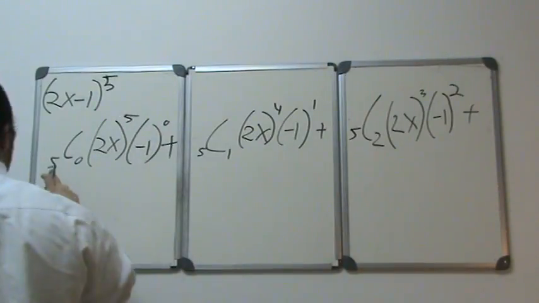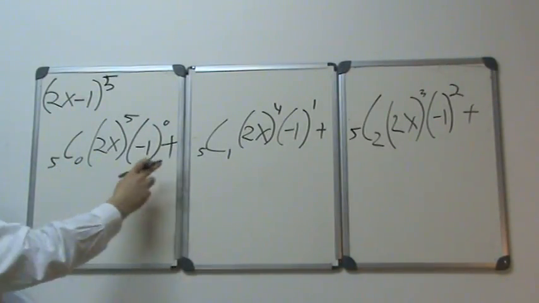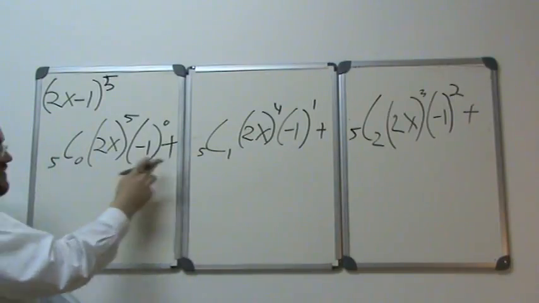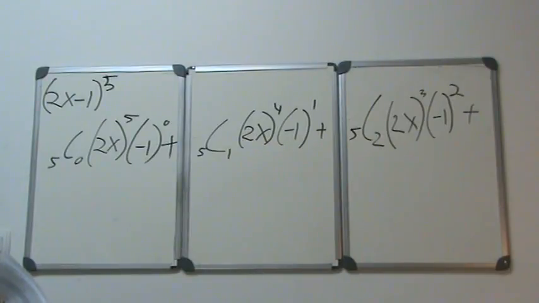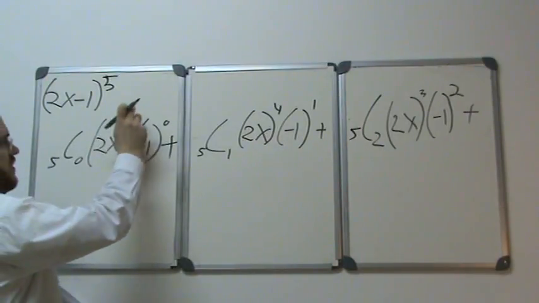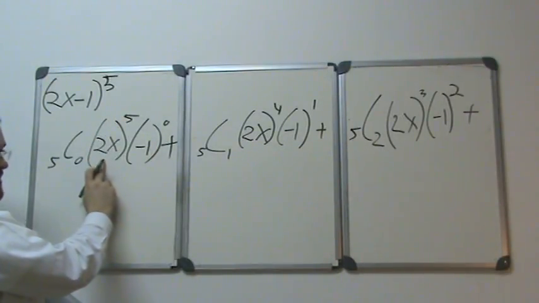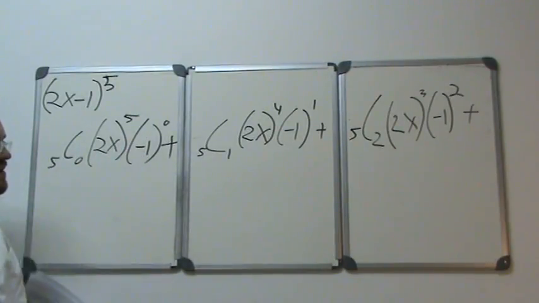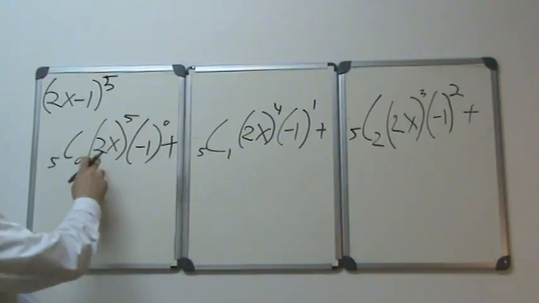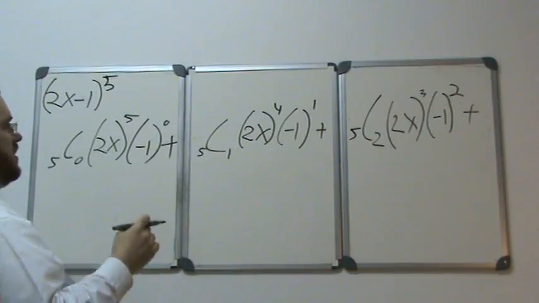So far we moved from 5 combination 0, 5 combination 1, 5 combination 2. The power of 5 from the 2x in the first term will move to the second, and the first term will have 0.